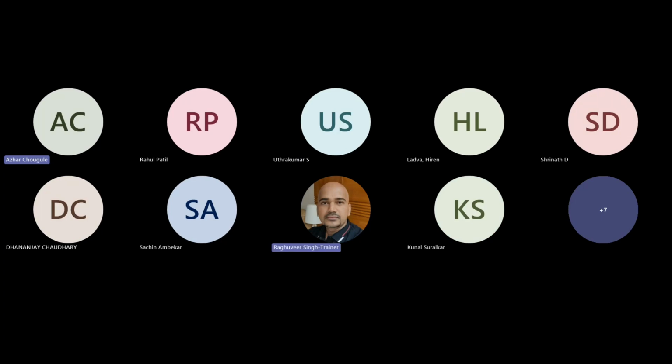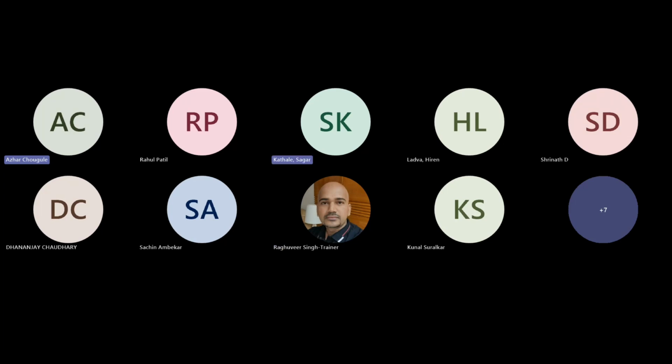Can I have the results? Were you able to configure it? Yes, Raghuveer, it's working for me. Sagar here. Sagar, did you get the incident? Not the incident, but I can see the logs after running the query. Would you mind sharing your screen and showing it to the rest of the participants? Sure.